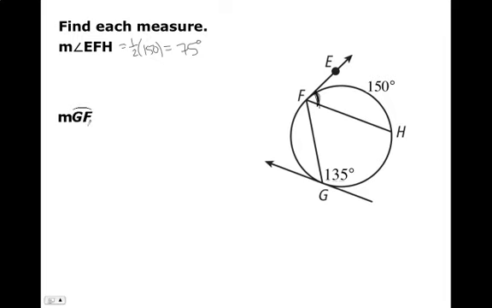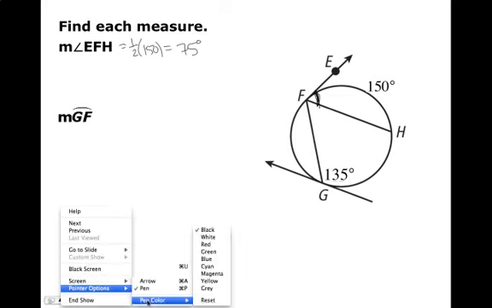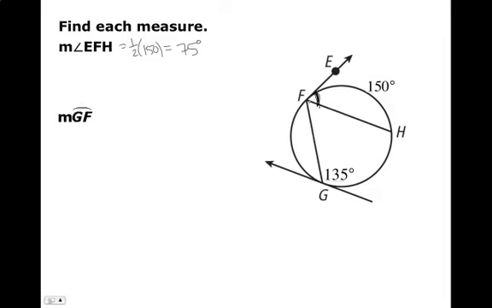Now if we want to find the measure of arc GF, let me get another color here. We want the measure of this arc right here. If you notice, it is made up of angle FG and let's say M. So if we know the measure of this angle here, then we can find the measure of the arc.